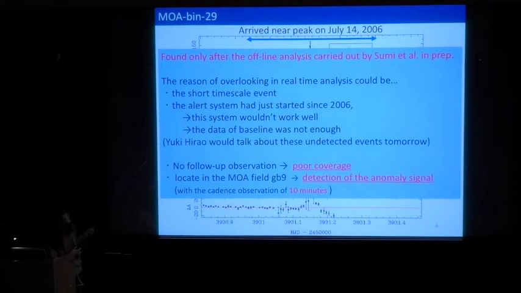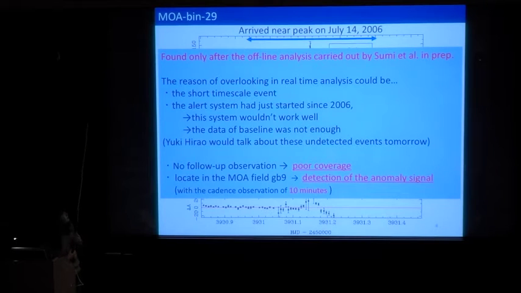The second is that the alert system had just started in 2006, so there is a possibility that this system wouldn't work well, or the baseline data was not enough to fit the single lens model. But maybe we can think of another reason. Tomorrow, Hirao-san will talk about these undetected events in detail.